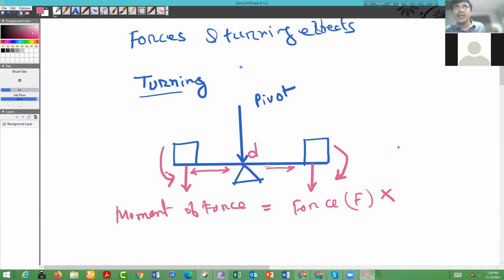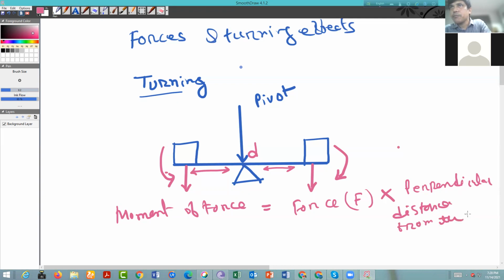That will be used to calculate the moment of force. So this is the perpendicular distance from the center point. So we'll write perpendicular distance from the pivot point.